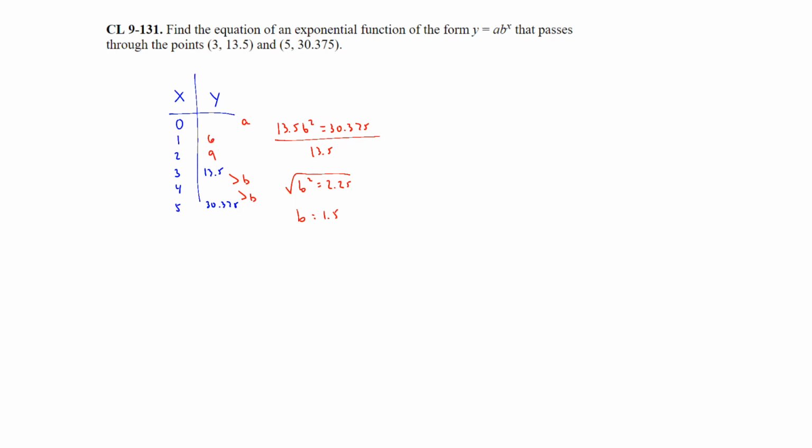And if we take 6 divided by 1.5, we get 4. So our initial value is 4, our multiplier is 1.5, so that gives us the information we need. y is equal to 4 times 1.5 raised to the x power.